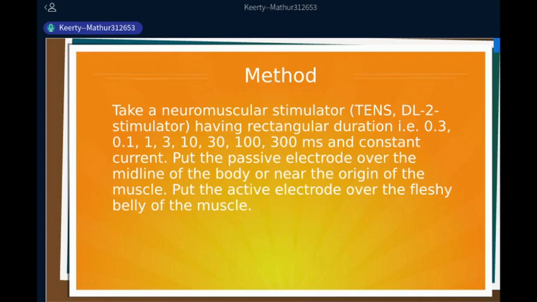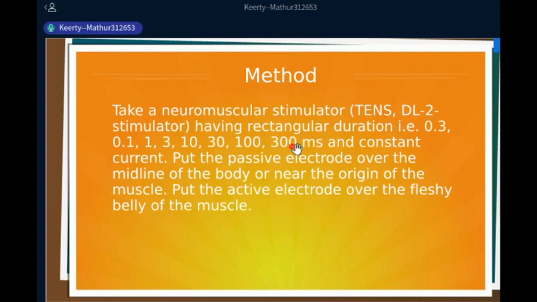Then we'll set the time duration knob to the maximum duration first, which means we'll put it at 300 milliseconds first, and at that duration we'll start increasing the intensity, and we have to check the minimum visible contraction.